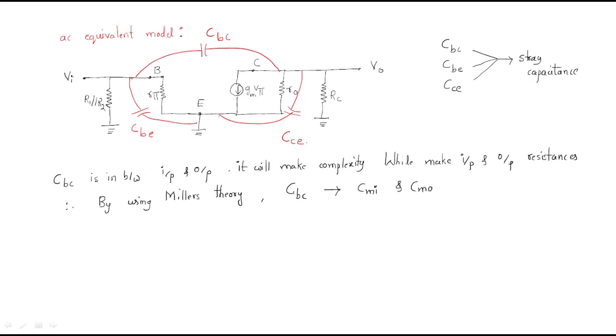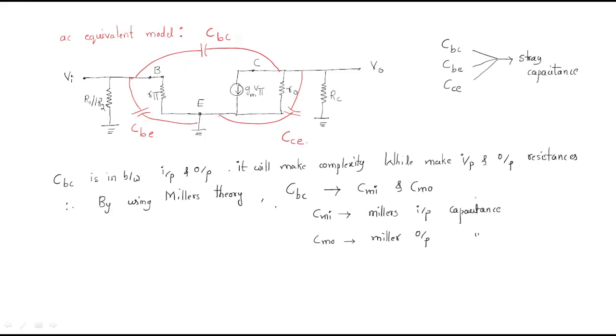What is CMI? Miller's input capacitance, and CMO is Miller's output capacitance. By dividing this, we can simplify the AC circuit model.